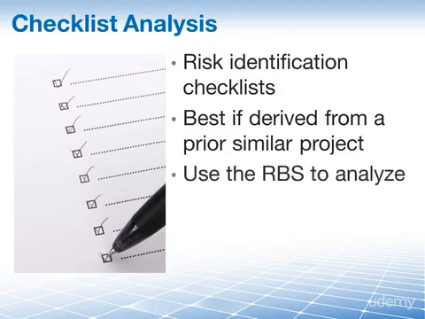One of the steps in analyzing a checklist for use on your project could be to ensure that you have risks identified for every category from your risk breakdown structure. So if you do not have risks for all of the levels, all of the categories, then there's something missing. So you're going to add this to your checklist, just a checkpoint that says, do you have something for every level in your RBS? That is part of this checklist.